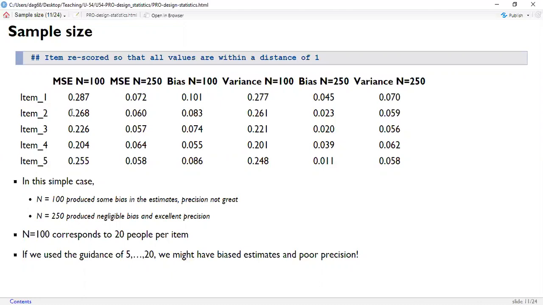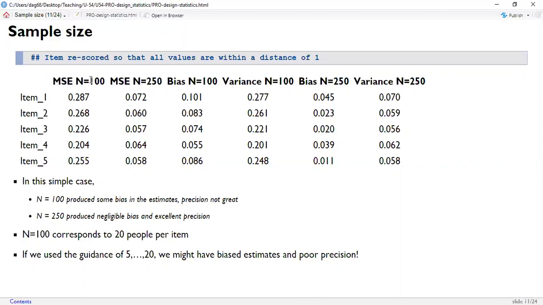Or both of those can be true, that I have large variance and a large bias. But in any of those cases, if this is really large, then I already know that I need to increase my sample size. And what's large is a relative thing compared to what it is you're measuring, the consequences of poor precision, etc. So there's not a strong rule or cutoff value for that.